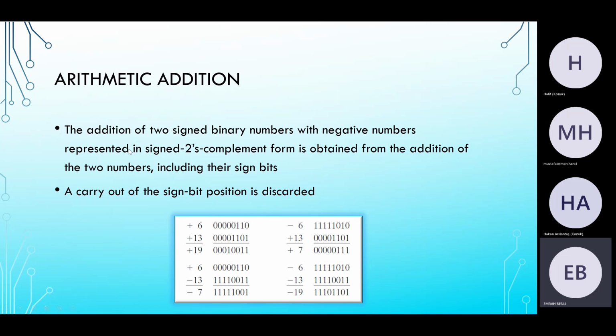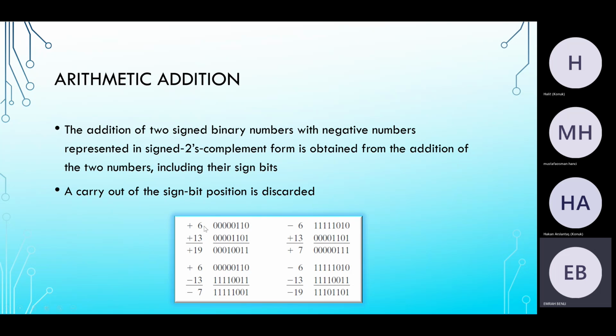So let's do the arithmetic addition. The addition of 2 signed binary numbers, with negative numbers represented in signed 2's complement form, is obtained from the addition of the 2 numbers, including their sign bits. A carry out of the sign bit position is discarded.